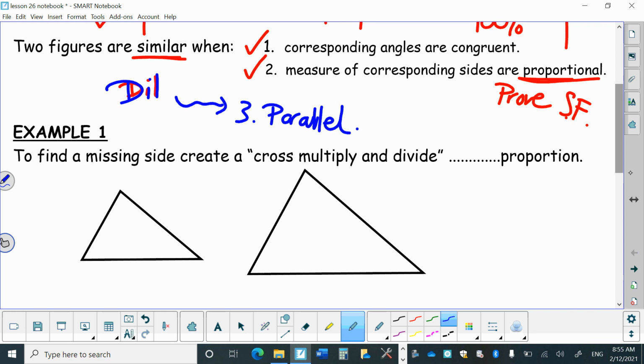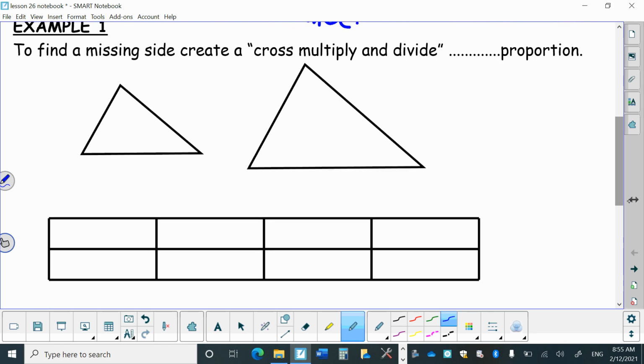Now, if I use a first example, you can see it in a table, and you can see it in shapes, so we'll do both at the same time. If I have triangle ABC, and it's similar to DEF, I know that the angles would be the exact same thing. They would have to tell you what the angle numbers were.